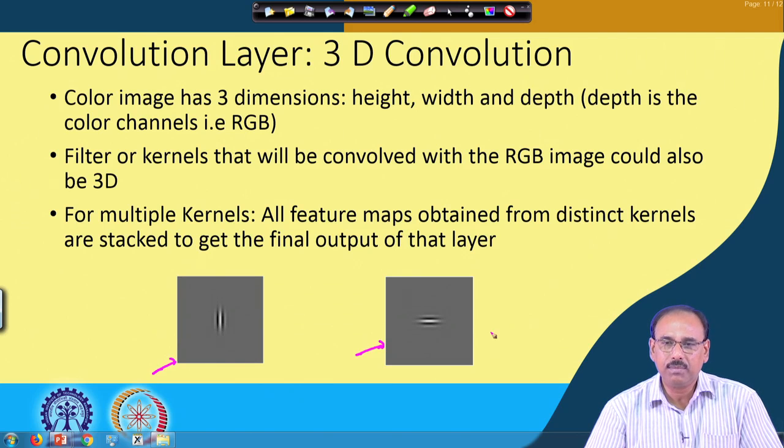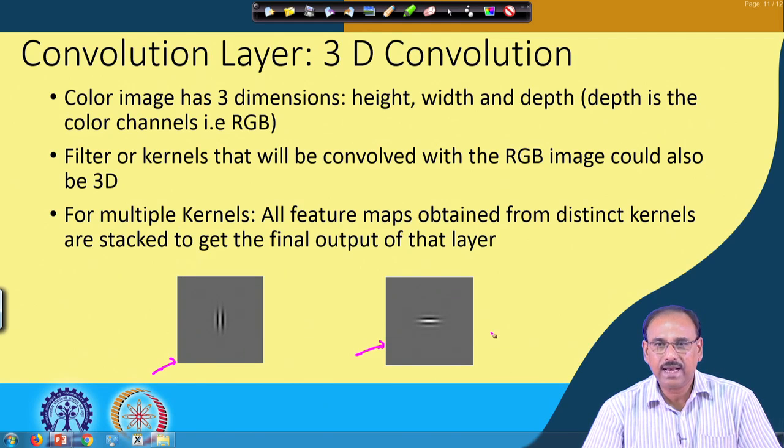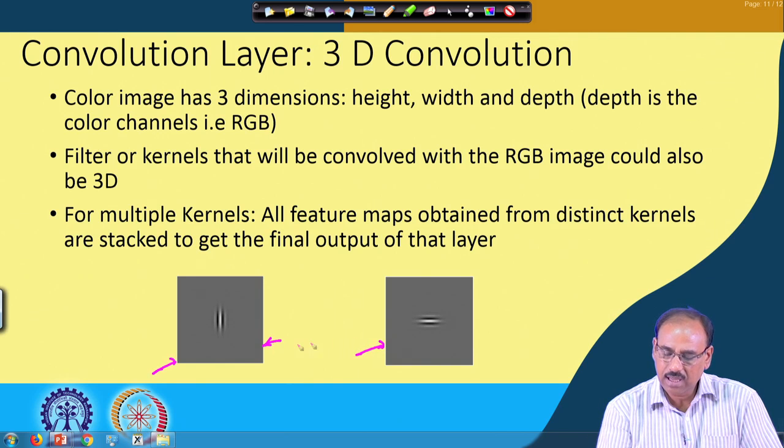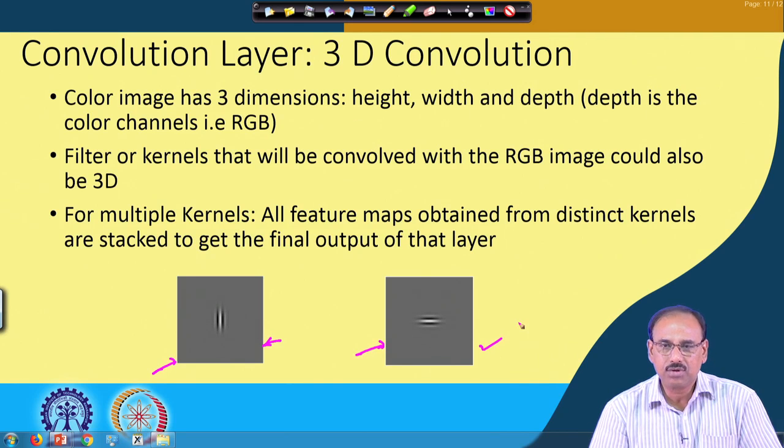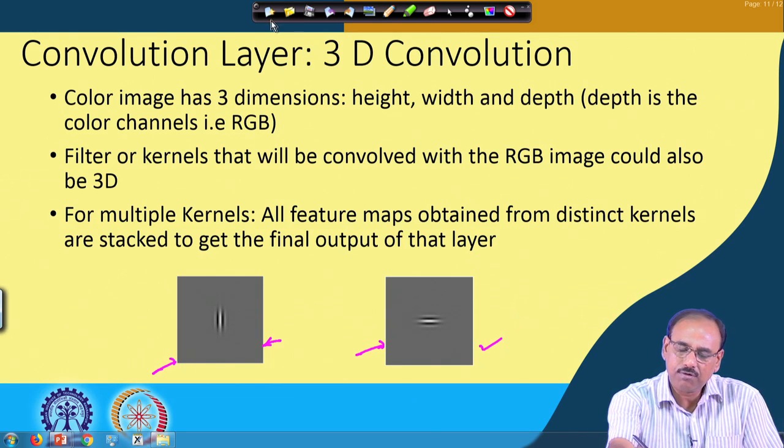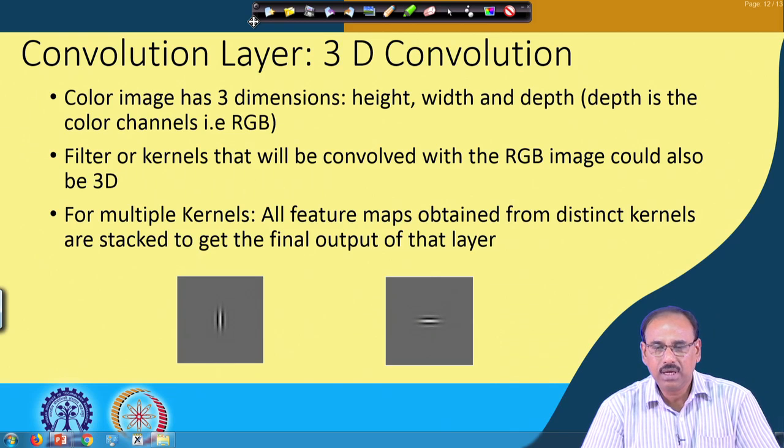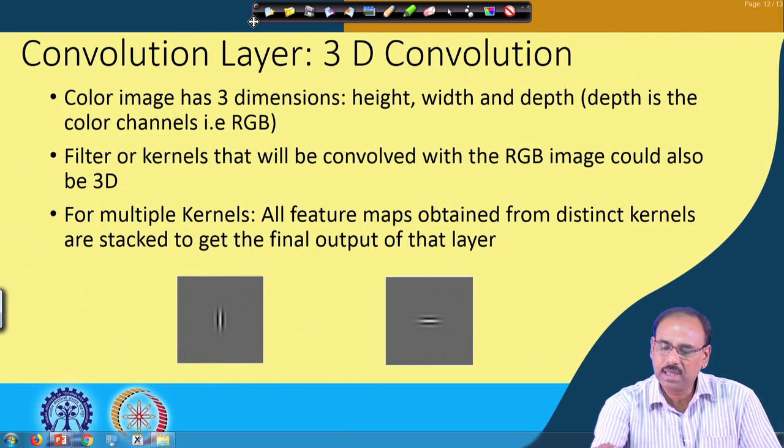Both vertical information and horizontal information are actually features of your input image. So I get one feature map with this, and I get another feature map with this. When you get the output, you have a stack of these two feature maps. So the number of kernels that you use determines the number of feature maps, and all these feature maps stacked together give you the final output.